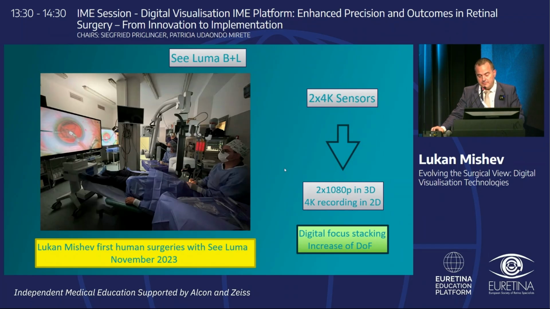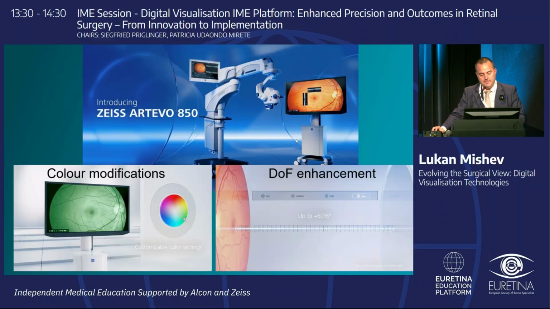This is the C-Luma. This is a dedicated digital microscope with two 4K sensors. And again, we are seeing 2 by 1080p in 3D, and we have a 4K recording, but in 2D. What I said about the digital ways to increase the depth of field: in the C-Luma there is a feature called digital focus stacking, which adds to the analog depth of field of the system, meaning that it will increase the depth of field of the microscope.